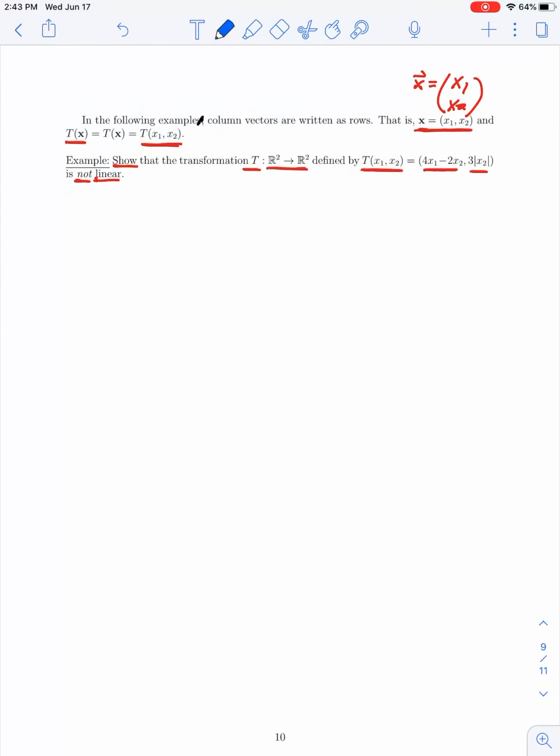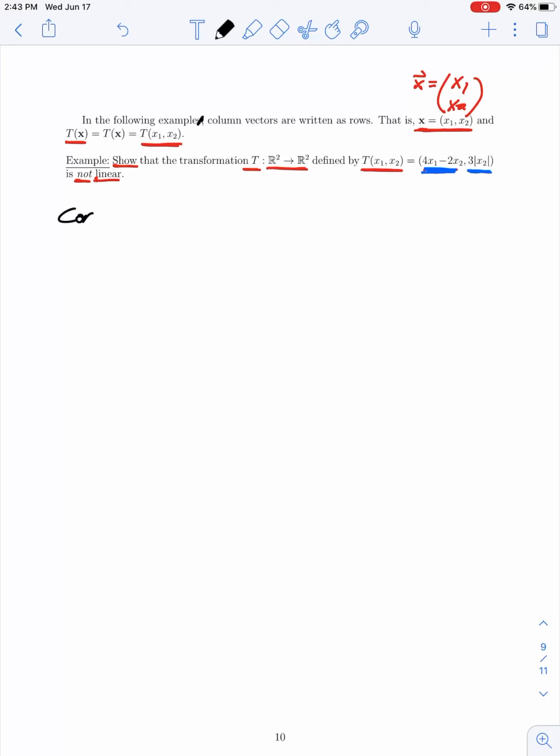As a guide here, it looks like it's probably the second component of this transformation, the part involving the absolute value, that will make this not linear, because the first component is a linear equation of x1 and x2. So let's see if we can exploit that absolute value condition to show that this is not linear.